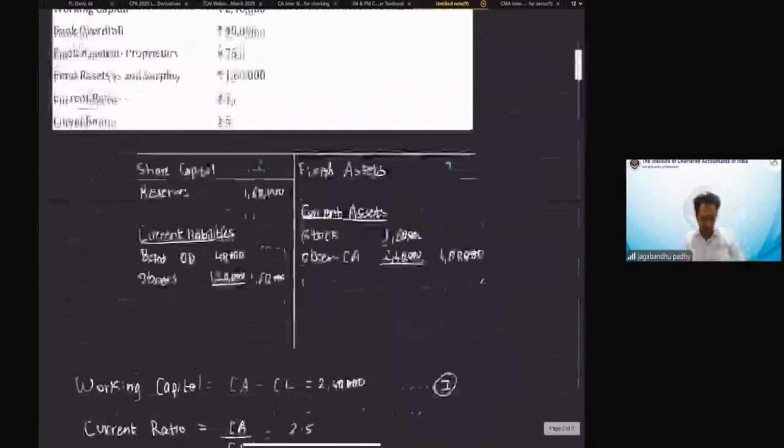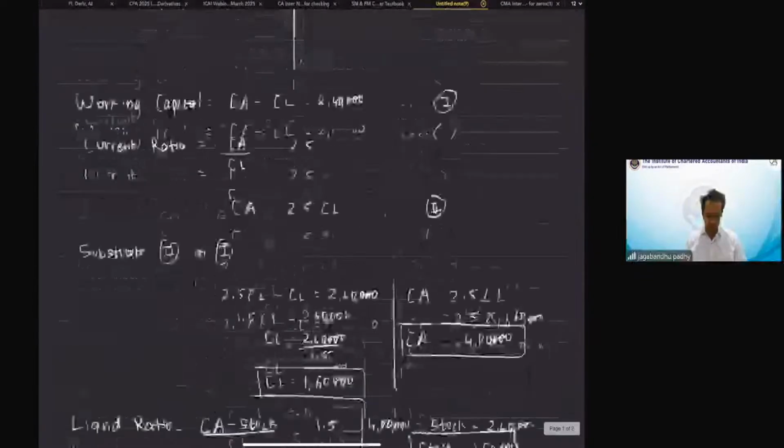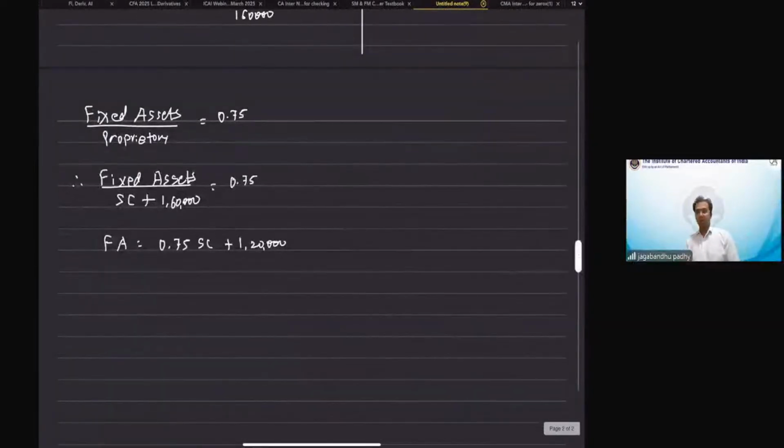And then we also have information about funds, reserves, and surplus. The reserves and surplus we have already accounted for in fixed asset to proprietary, and we don't have any other information available. So how do I get the value of fixed asset and share capital?